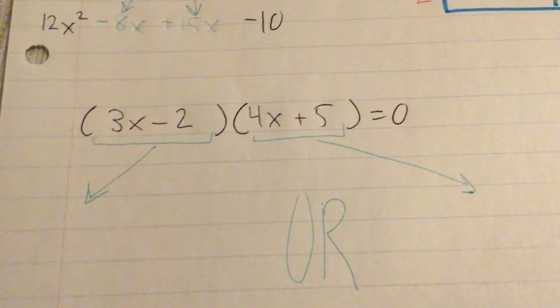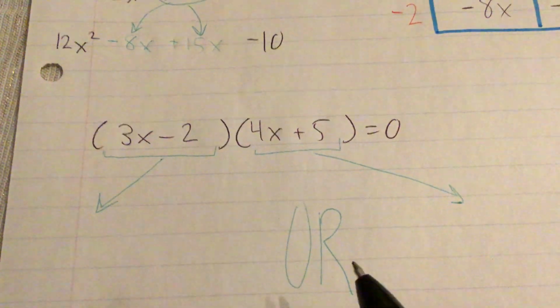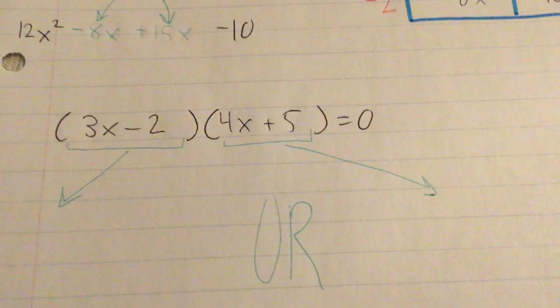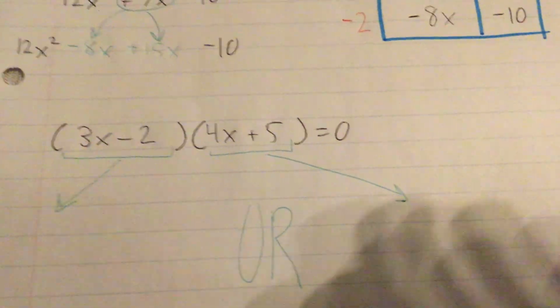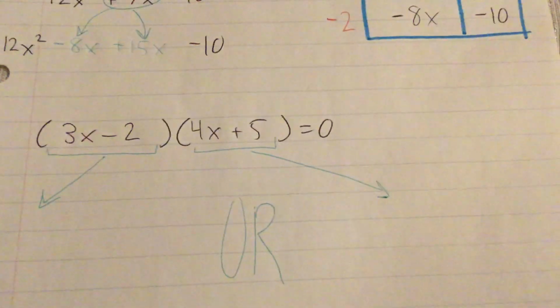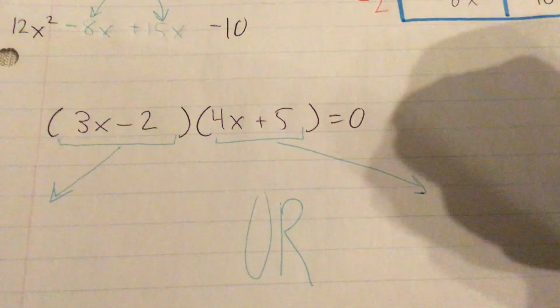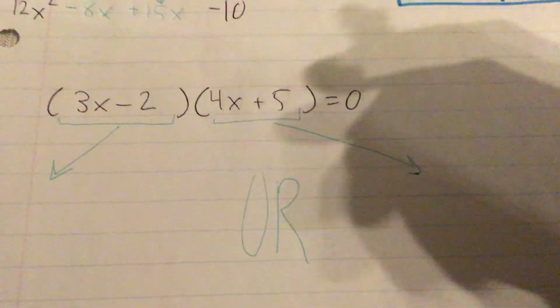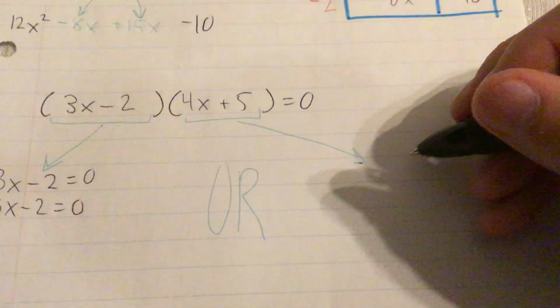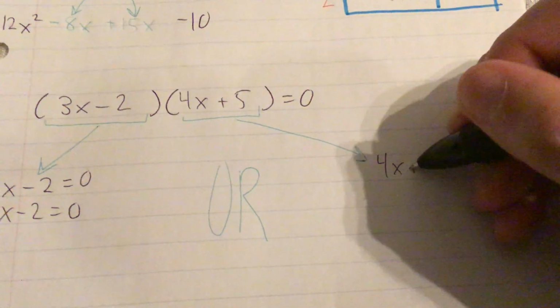I know I like a multiplication problem, especially when the outcome is equal to 0, because now I get to use the zero product principle. If I have multiplication and the output is 0, then I have to account for all the cases. Specifically, 3x minus 2 is equal to 0, or 4x plus 5 is equal to 0.